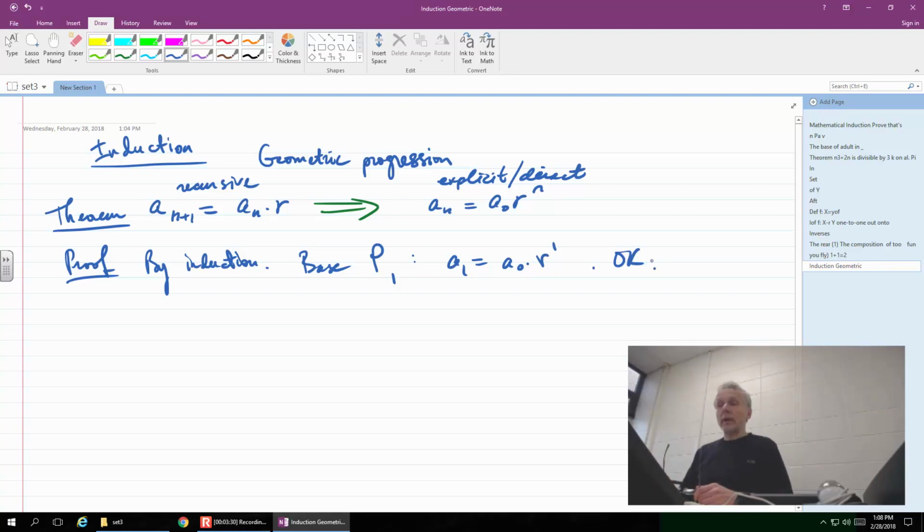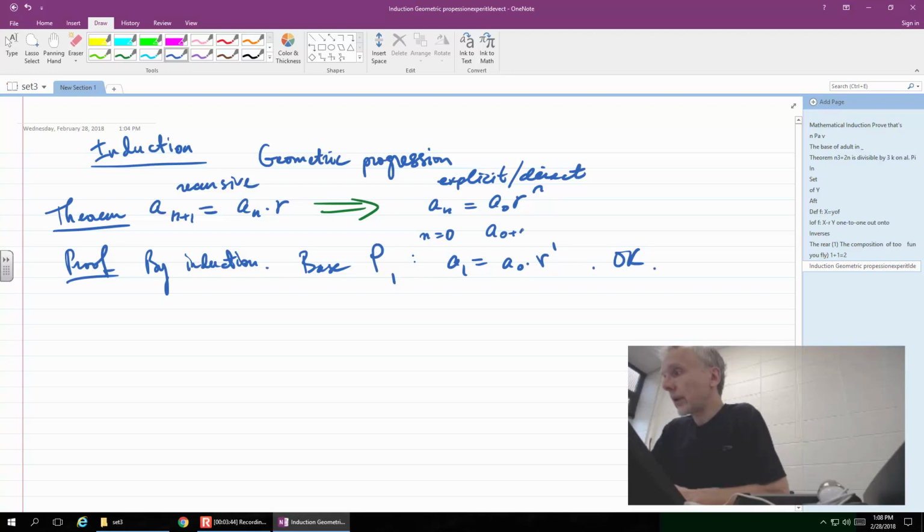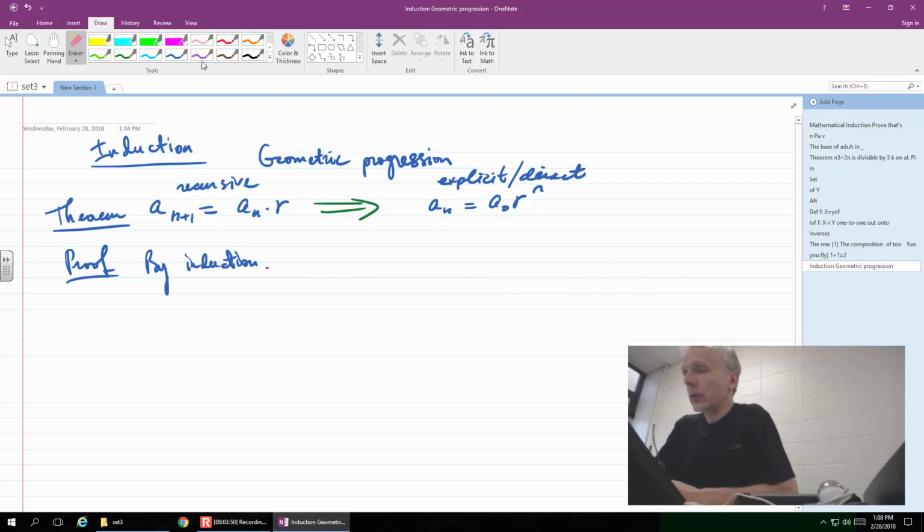Let me put it this way. Where is the base? Let me start over. I think it is worth doing it in slightly more detail.